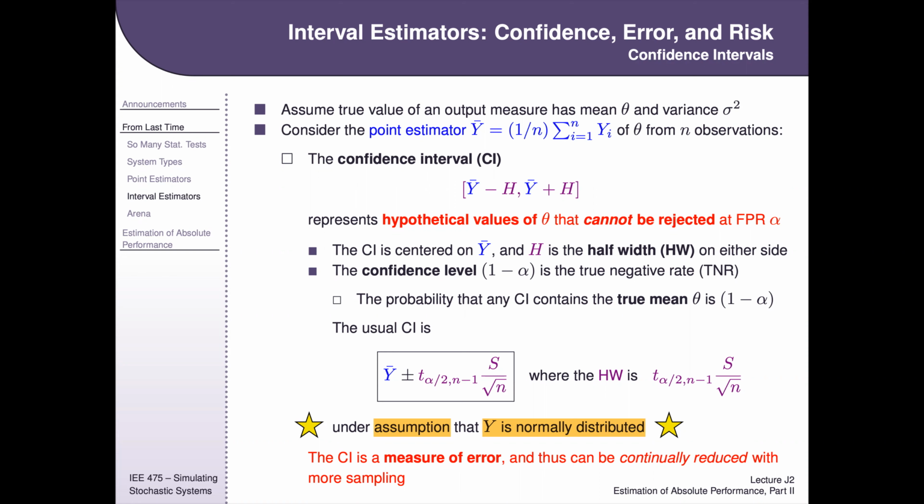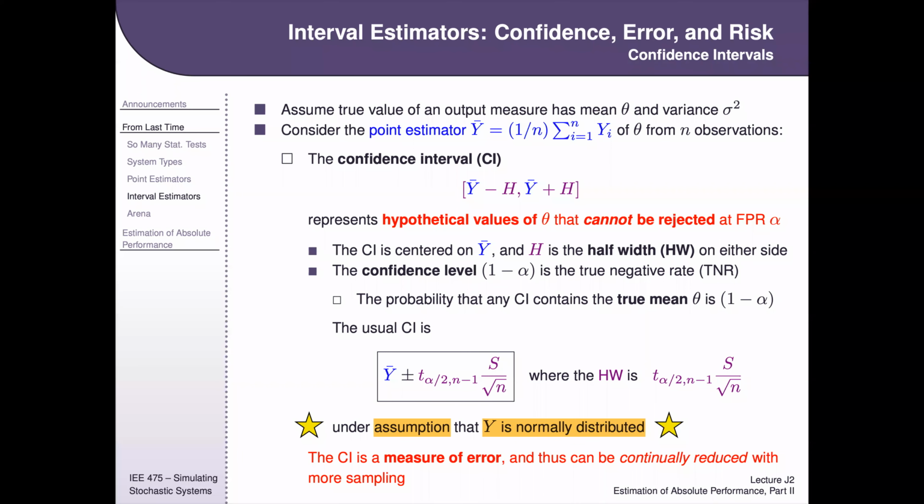Now, the width of the confidence interval, we're going to call the half width. If you see HW or just H, that's the half width of the confidence interval, our abbreviation for the rest of the semester. It's just half of the interval.